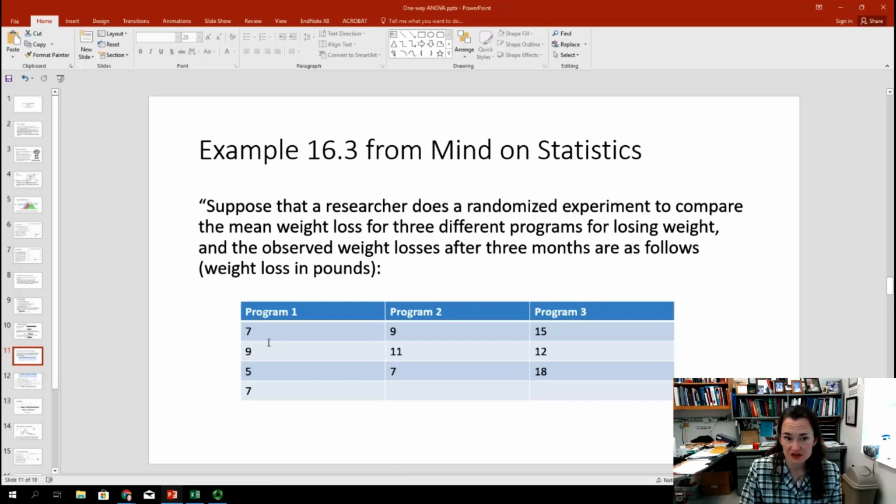Now the number of pounds is recorded here. So in program 1, one person lost 7, one person lost 9, one person lost 5, and another person lost 7. Then the program 2 values, 9, 11, and 7, and the program 3 values, 15, 12, and 18. And that's how many pounds each person lost. Okay?